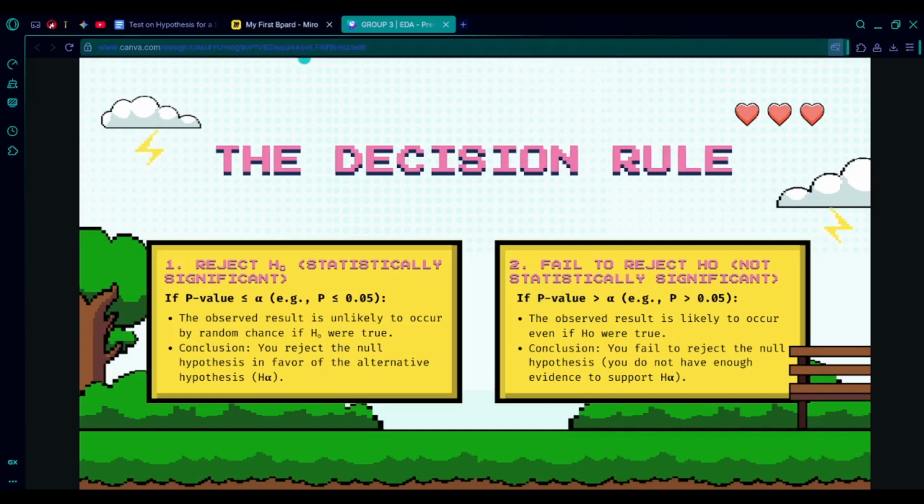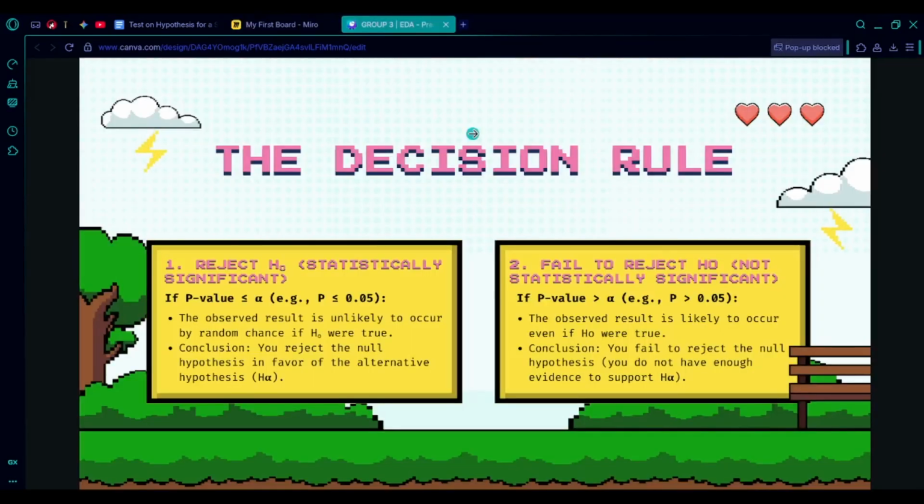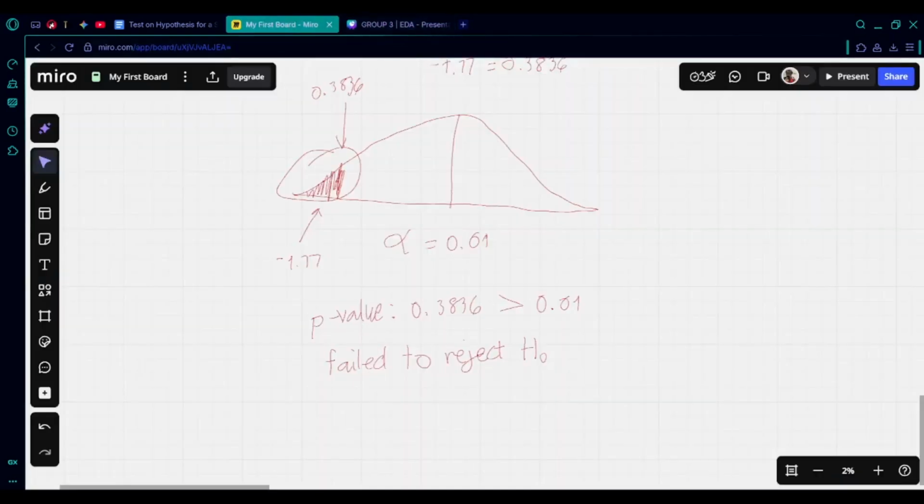So what does it mean? Since we have a P value that is greater than the alpha level, we fail to reject the null hypothesis. So it means that we do not have enough evidence to support our alternative hypothesis.